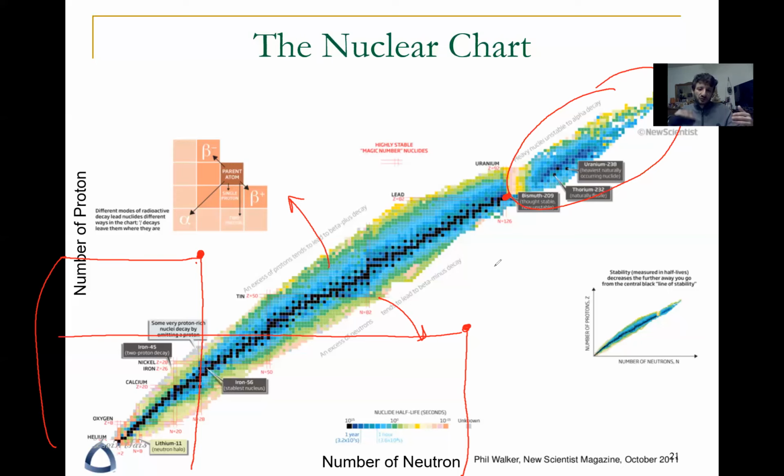So all these points we talk about in detail later. Also, we have the magic numbers. You have some points here where the elements are more stable than the other points.